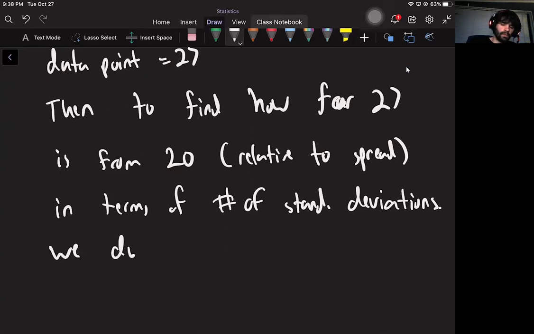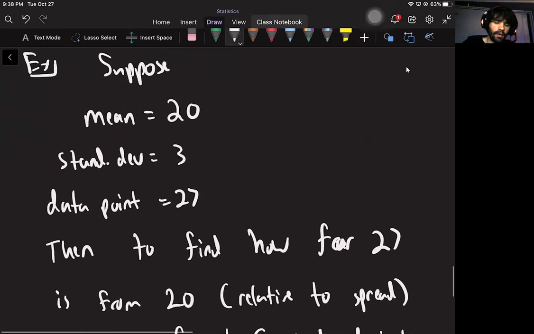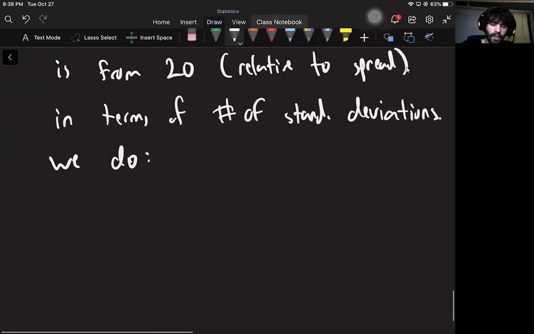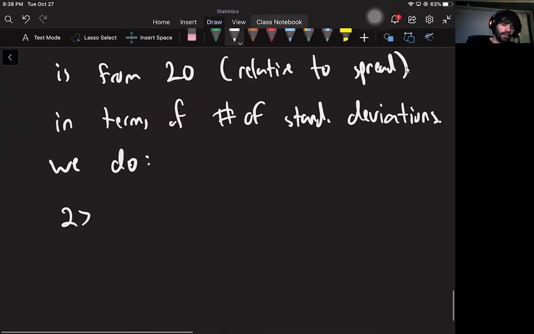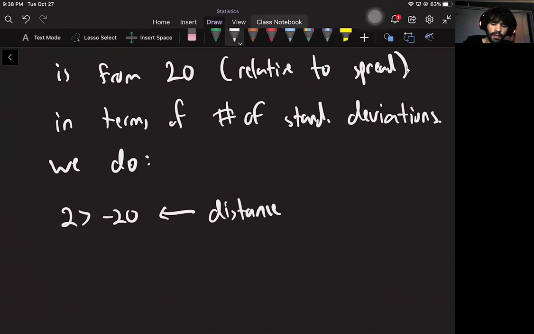We do this. So first, we just say how far away is 27 from 20. Remember, we learned distance really just comes from subtraction. So we just subtract 27 minus 20. So that's the total distance away, not relative to how spread things are in your actual data.